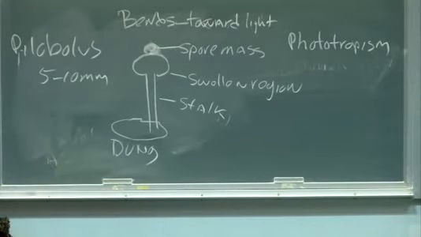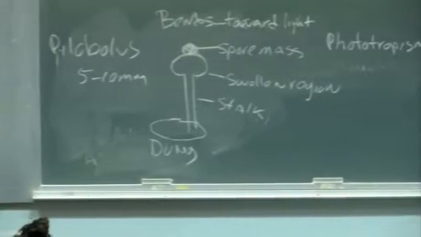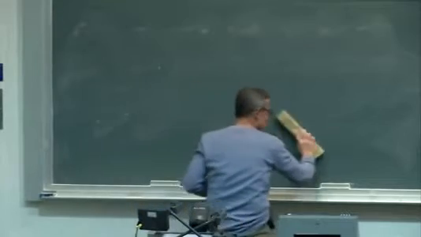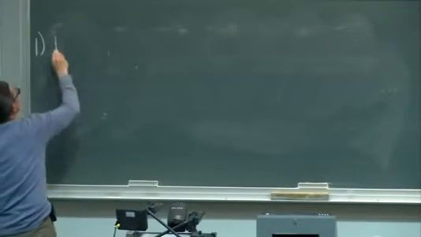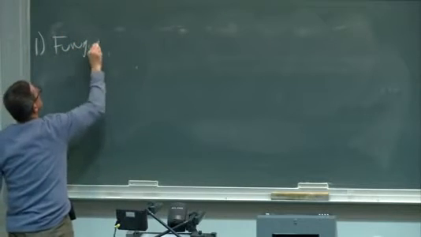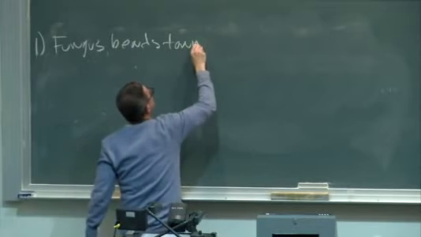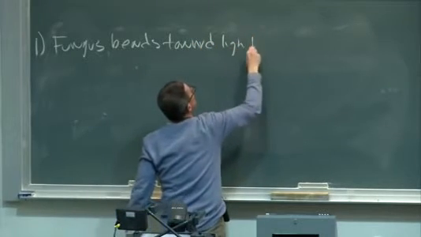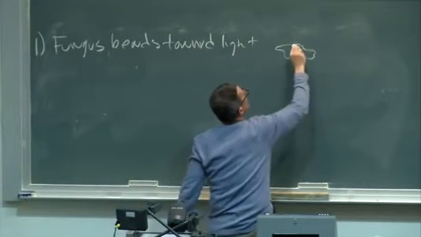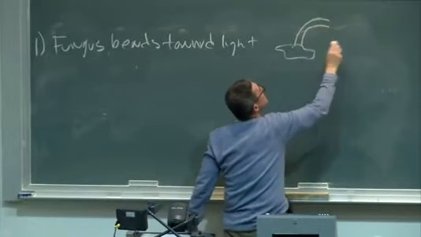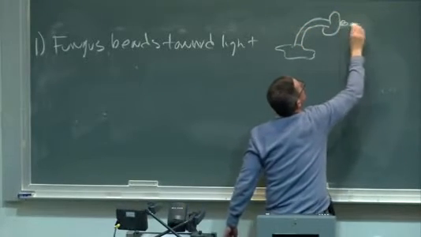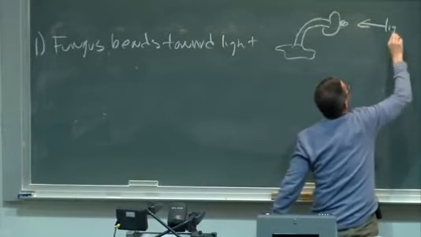So let's now discuss how this life cycle depends on the distribution of the spores. So the very first step is that the fungus bends toward the light. So here we have the dung, and what you find is that the fungus bends toward the light.